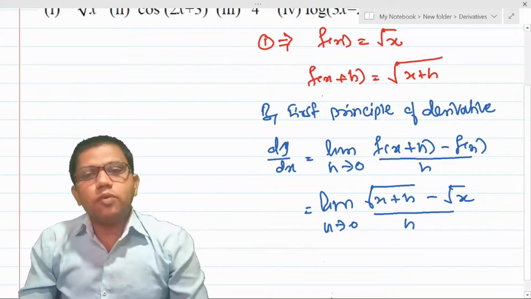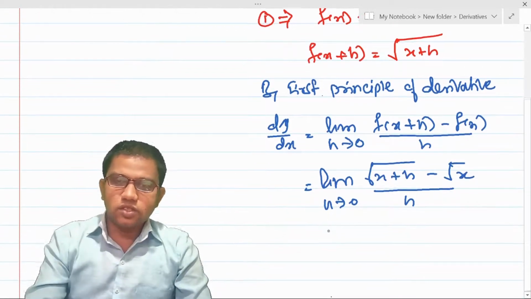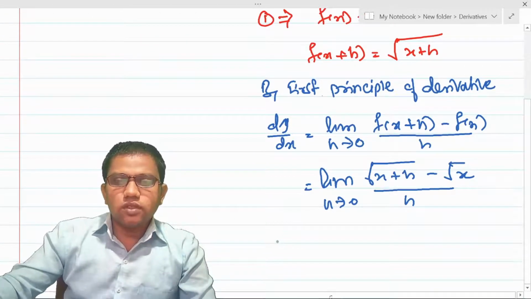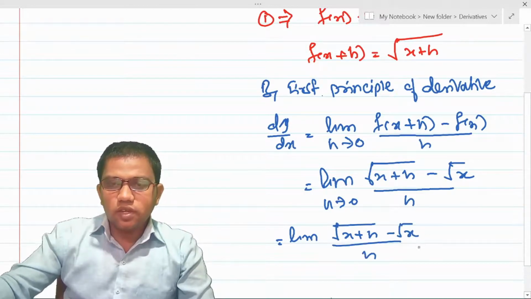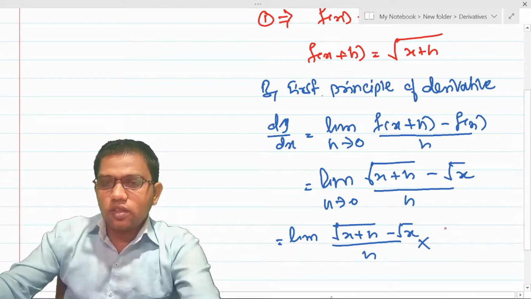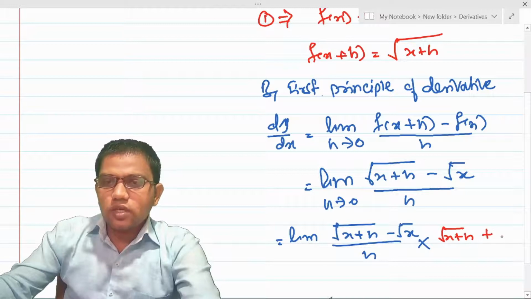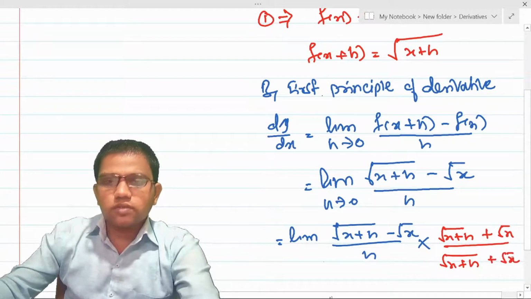Now to solve this type of limit, we have to rationalize the numerator. You know about rationalization. So this is equal to limit root over x plus h minus root x divided by h, into divide and multiply by the rationalizing factor of this numerator, root of x plus h plus root of x divided by root of x plus h plus root x.